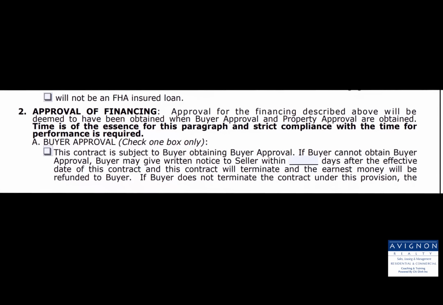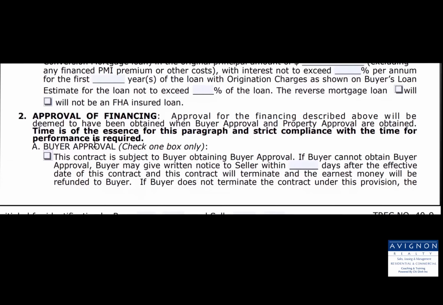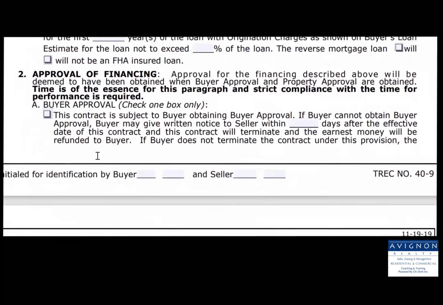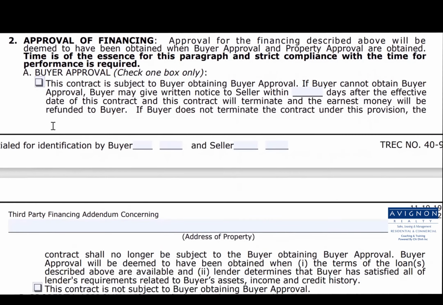And then the second paragraph is approval of financing. If you look at this, there's 2. The buyer would need to get approval for financing, and also the property needs to be approved. Approval for financing described above will be deemed to have been obtained when buyer approval and property approval are obtained.